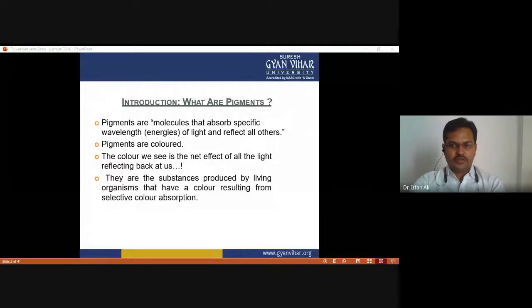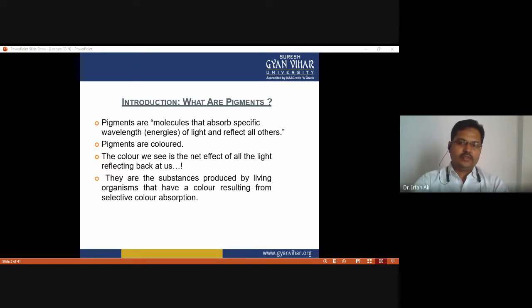So first of all, we need to know what pigments are. Pigments are molecules that absorb specific wavelengths of light. As you know, when certain molecules accept specific wavelengths of light, they emit a certain wavelength of light, and depending on the emission wavelength, we observe the specific color of that pigment, and the pigments are colored.